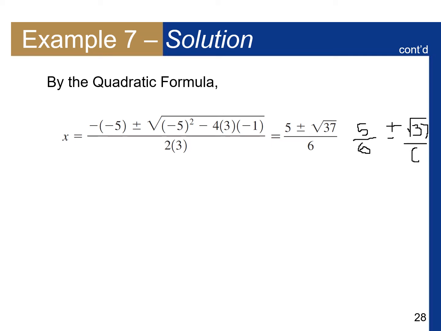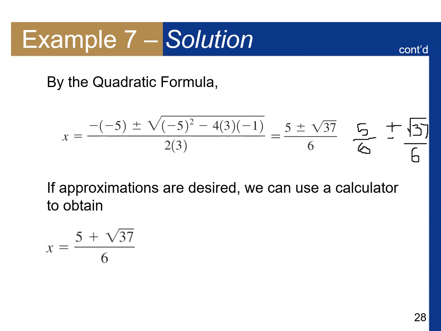So you'll see it both ways. Now you can use a calculator to get the approximate number, because we have a square root of a prime number there, so we know that it's going to be irrational. And there are your two answers. And you should go back in your equation and check them.